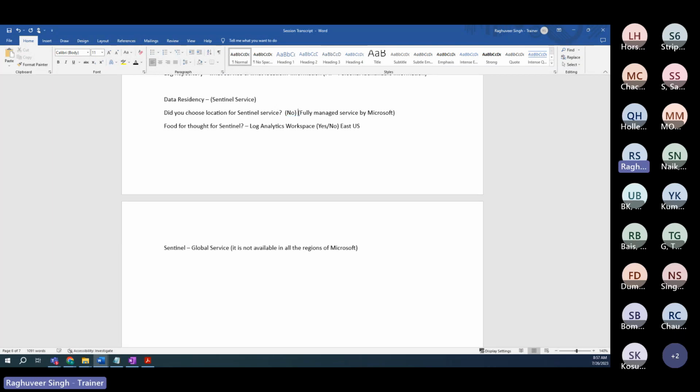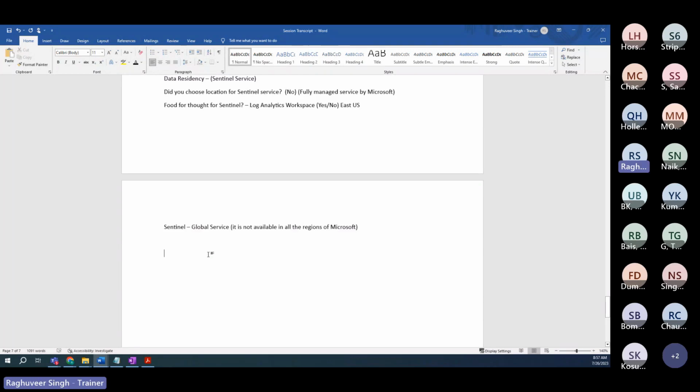Now, if this service is not available in all the regions, there is a high probability that, let's say, you have your log analytics workspace in India, in Central India, or you can say South India, wheresoever. This is your log analytics workspace location.